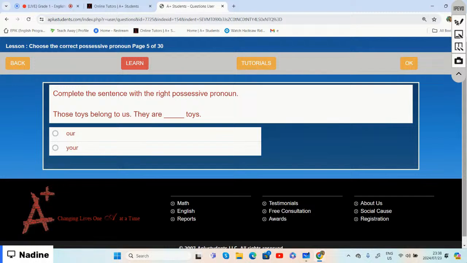And we can say that those toys belong to us once again. And when we say it belongs to us, then we can say they are our toys.